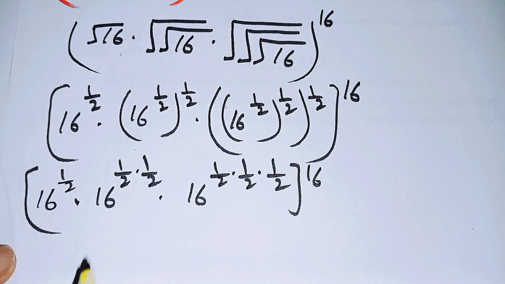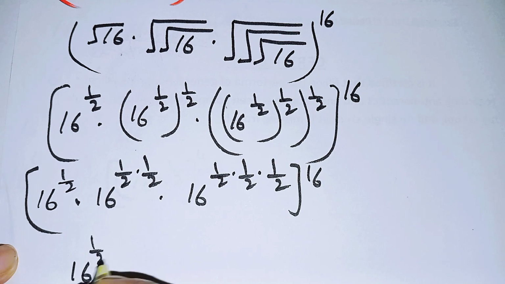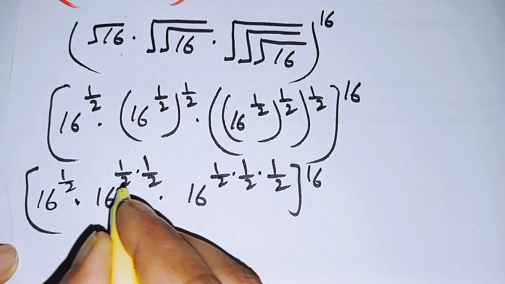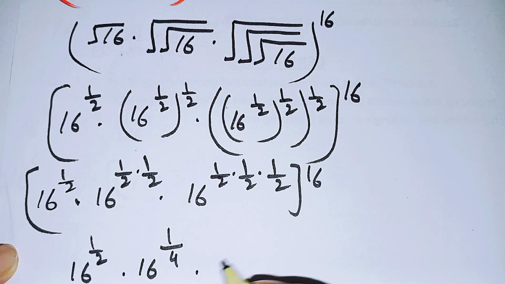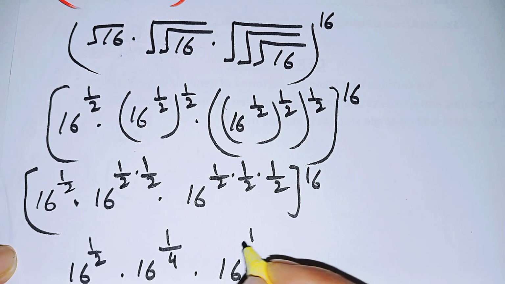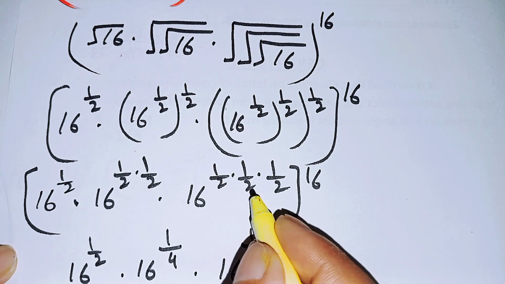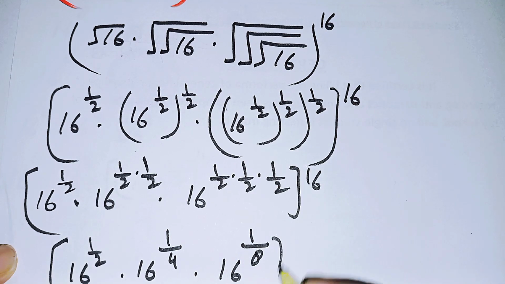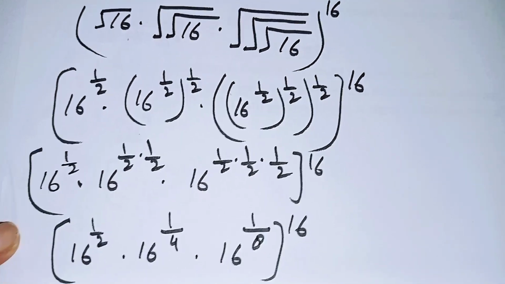And so here in the next step is this 16 to the power of 1 over 2 times 16, this 1 and 2 multiply 2 is equal to 4, and 16 and this 3: 1 multiplies 1, and this 2 multiply 2 is 4, and 4 multiplies 2 is 8, and the whole thing to the power of this 16.